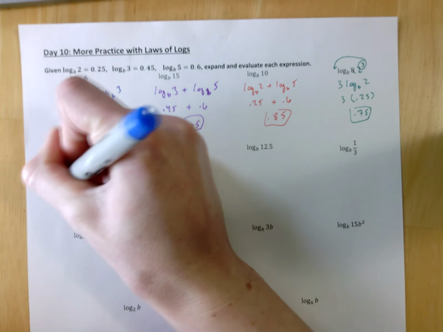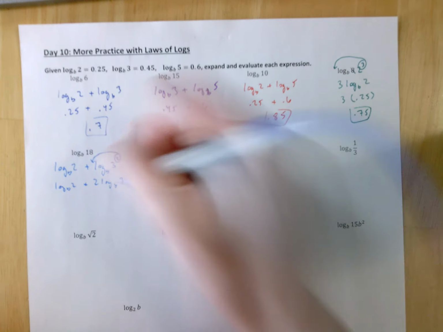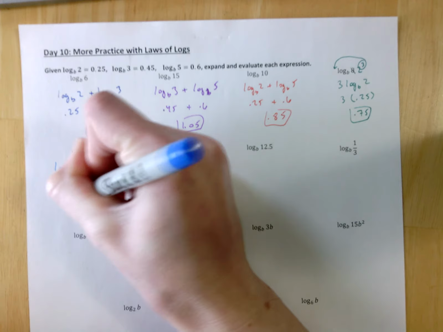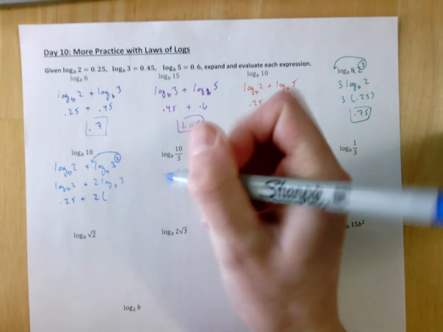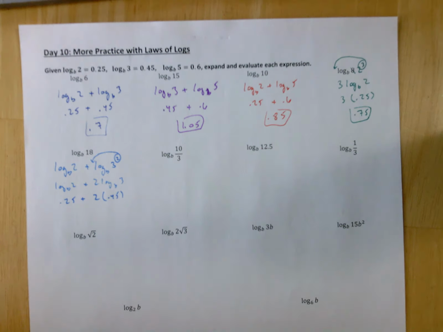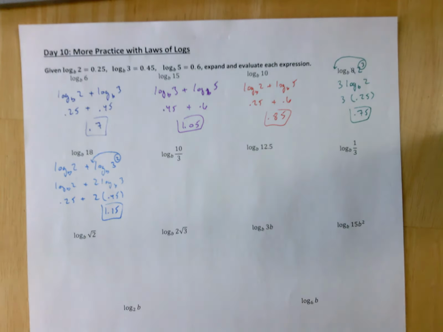So this is the same as log base b of 2 plus 2 log base b of 3. Checking back up top, that's 0.25, and this is 2 times log base b of 3, which is 0.45. When we calculate that all out, that works out to 1.15 as our answer.